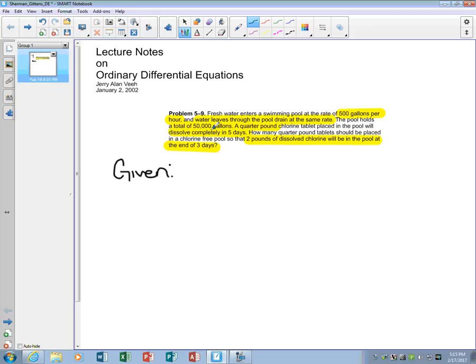So we have 500 gallons in 1 hour. So what does that equal?